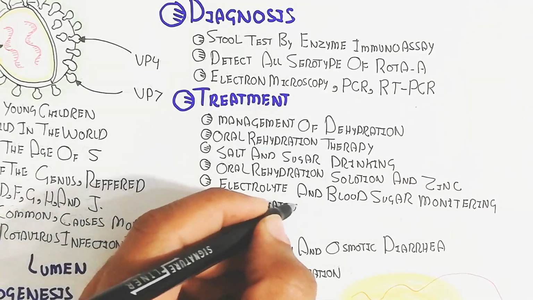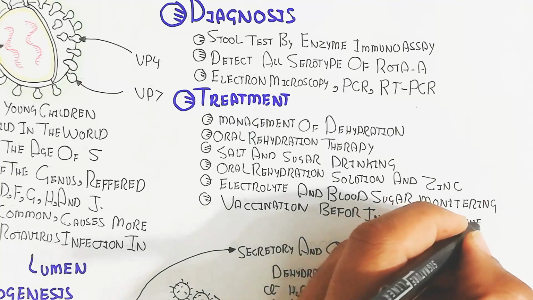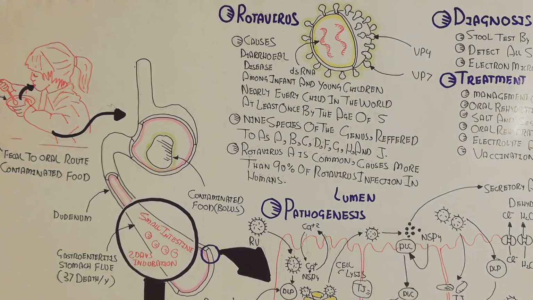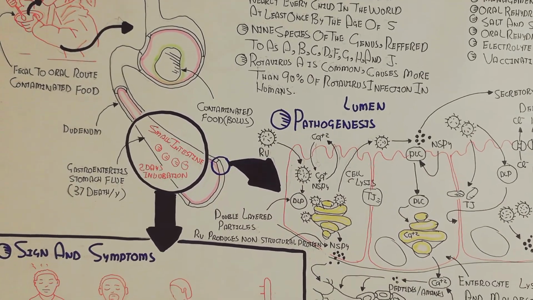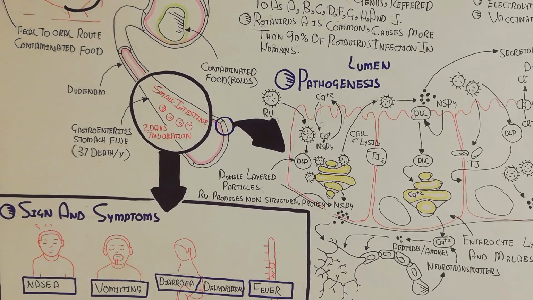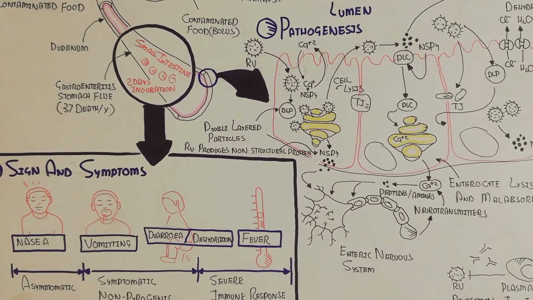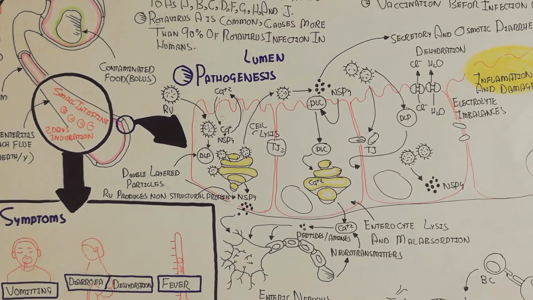Vaccination before infection is a prevention process, producing immunoglobulin against a sudden attack of the rotavirus, since the immunoglobulin will already have been produced by the immune system through vaccination.